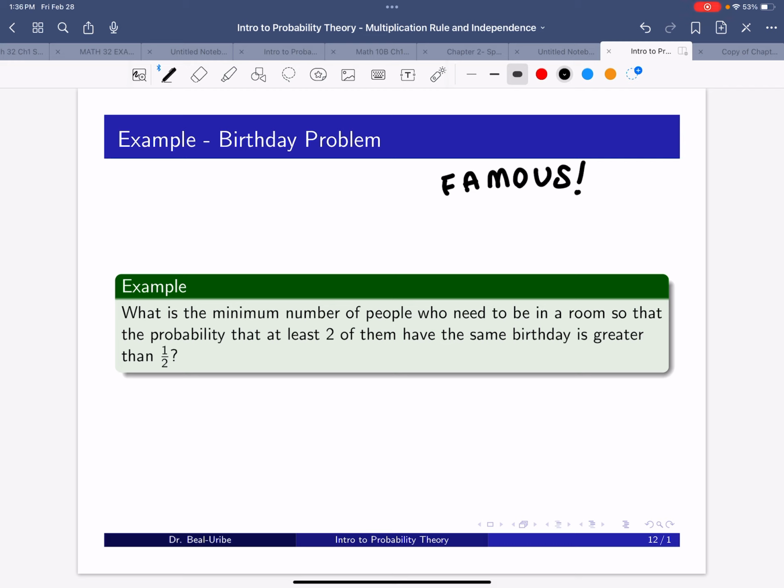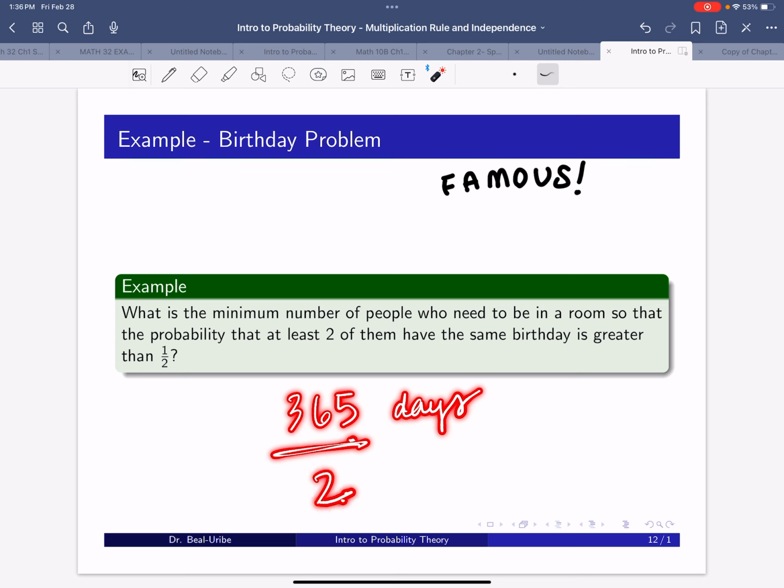And it feels like, hey, there are 365 days in a year, so maybe you need to have something like 365/2 in order to have a probability that at least 2 people are going to have the same birthday. That's really not how this ends up working out. So let's actually use probability and the principles we've been studying so far to determine the minimum number needed.